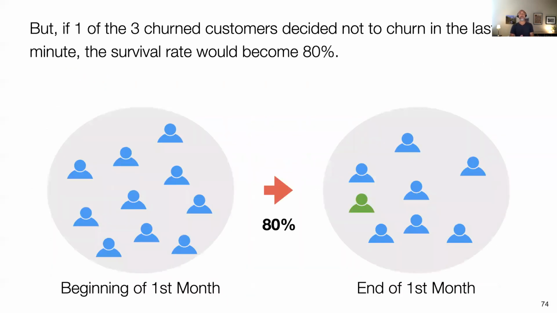But if one of those 3 churned customers was somehow indecisive, and in the previous scenario she churned, but in this scenario, let's imagine in the last minute she decided, I'm going to try another month. Then that will change the survival rate to 80%, because 8 people ended up retained, so 80% out of 10 people.